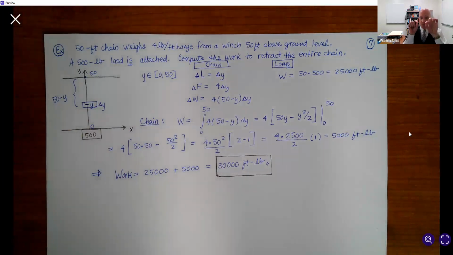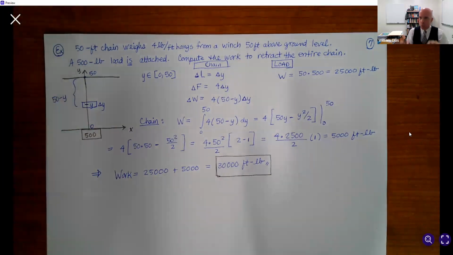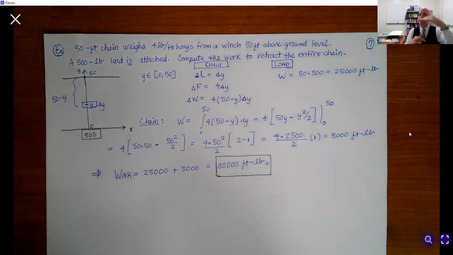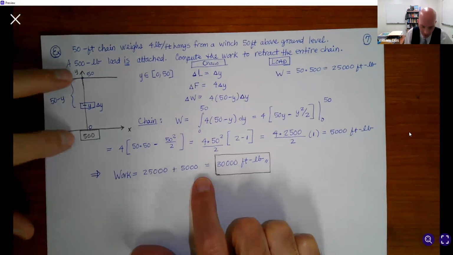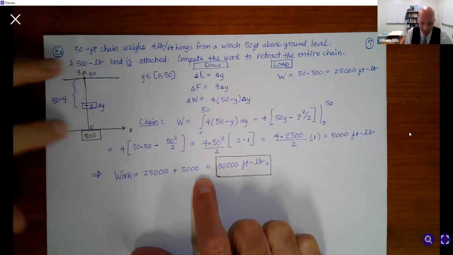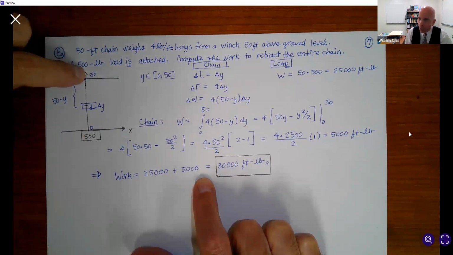And then what you want to do is think about taking a little sliver there. Notice I've written this as a delta y, that little piece of the chain. And then you say, well, what is the distance that piece would have to move if we were retracting the chain? Well, again, you can simply notate this as a distance strategy that we've used many times. So to go all the way to full retraction, we have 50 feet.